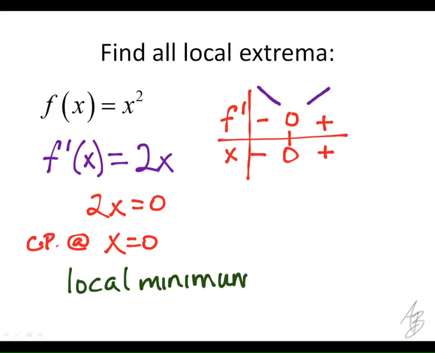In addition to this being a local minimum, it's also a global minimum, but that's not important here. We have a local minimum at 0, 0. Okay, so we get this point from our critical point. We get this value by plugging our critical point back into the function. Cool? It's easy enough, right?